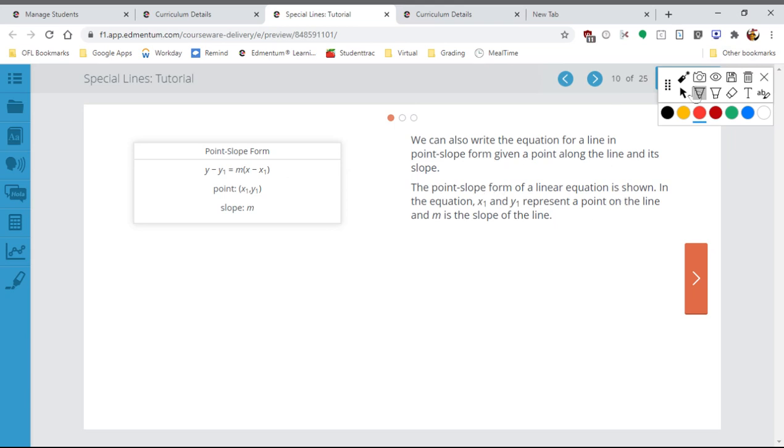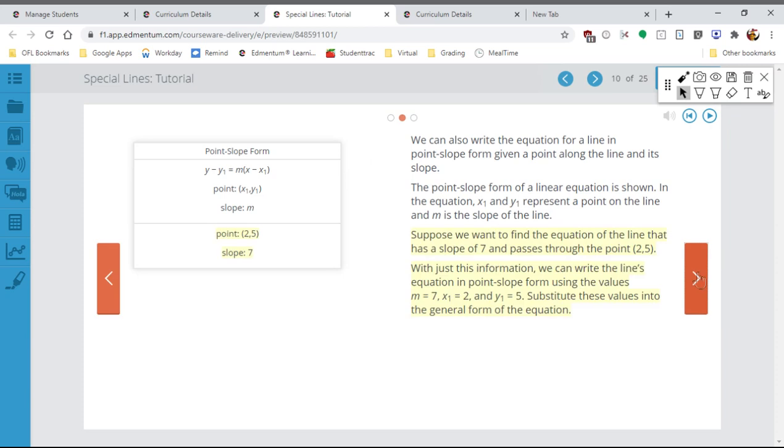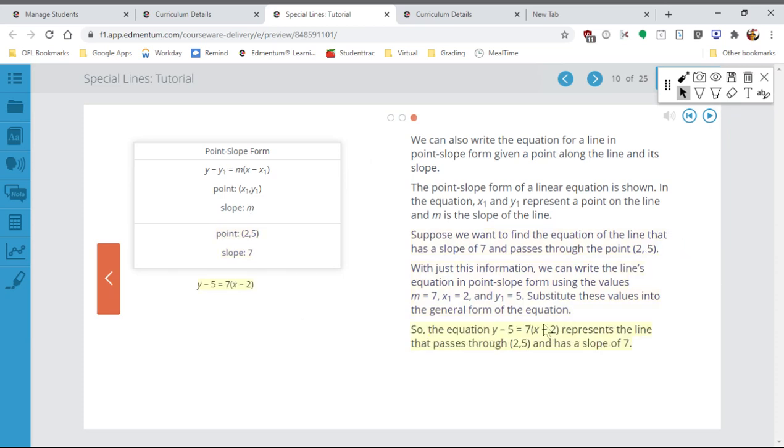All right. So what you're going to do here is if they give you a slope and a point, you plug in your 5, which is your y, into your y1, which is weird. And then your x goes into your x1. And then when you solve this all out, they didn't even solve it for you.